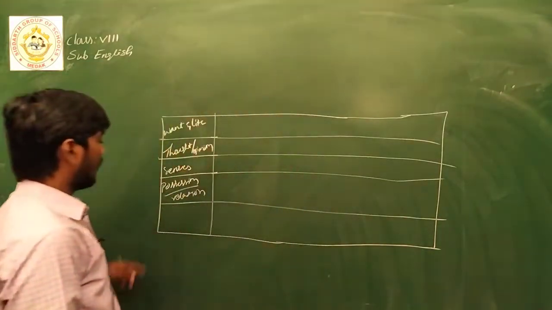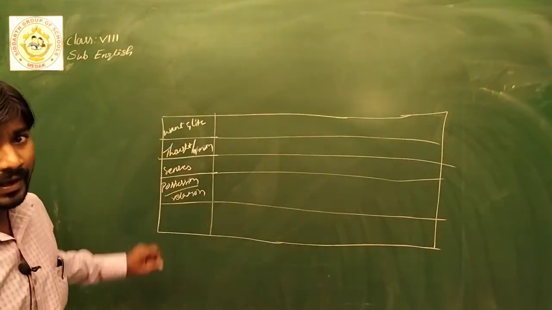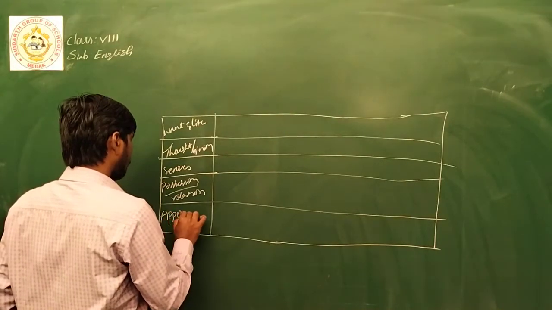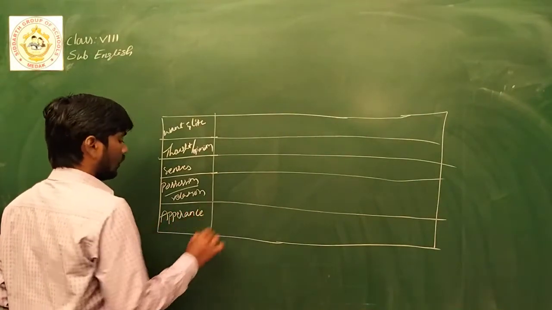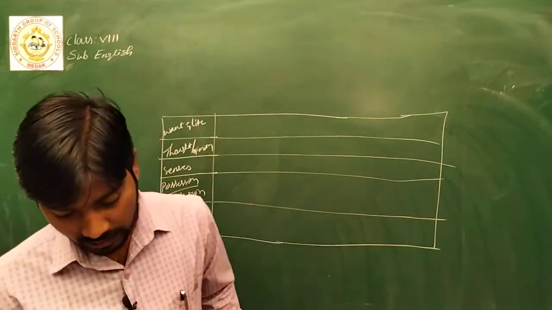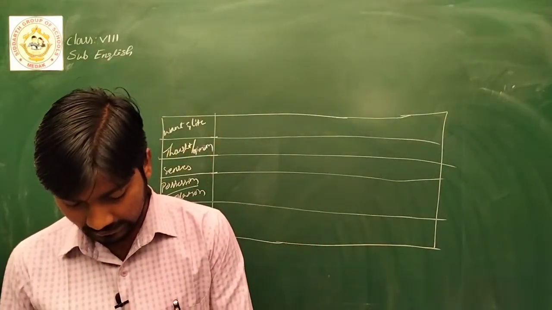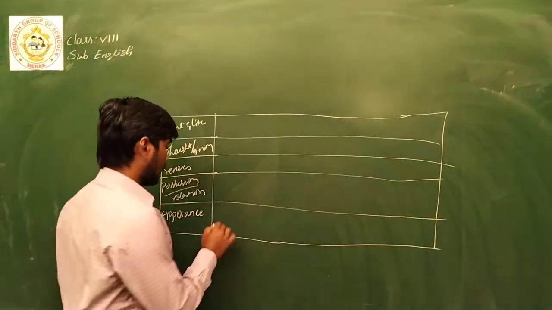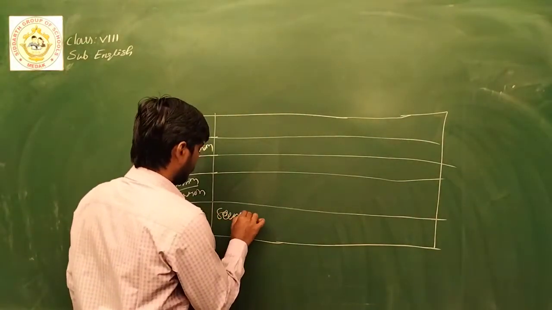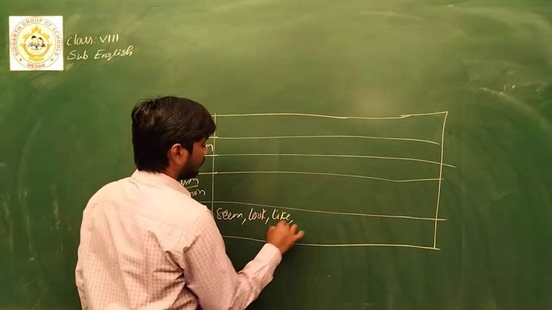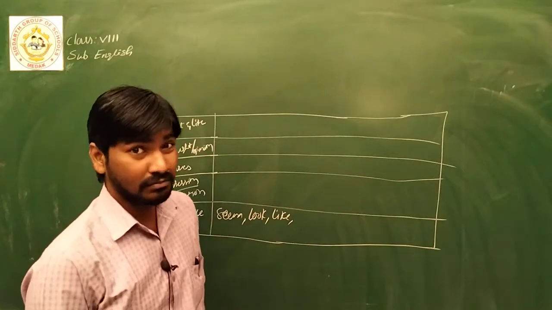So up to four, I think, we completed. Next, appearance. Seems, I already explained, but I have not written it. So write the words: seem, look, like, resemble.